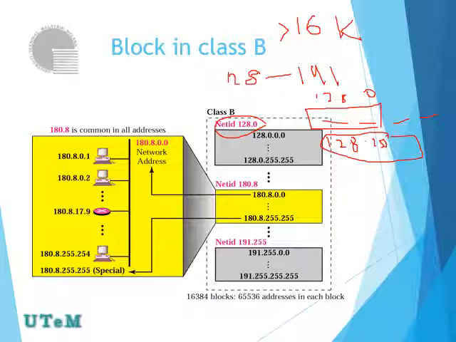This is block 128.0, and the first two octets must be the same because this is class B.